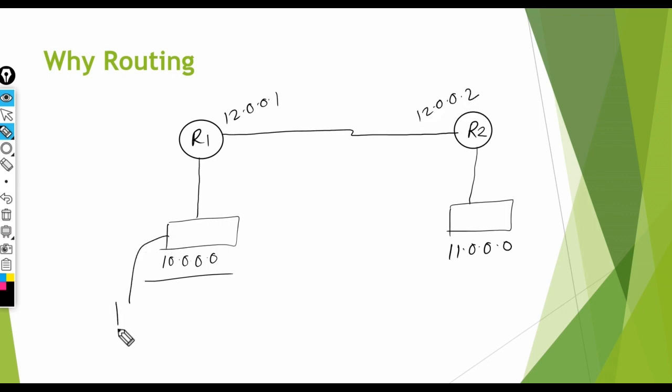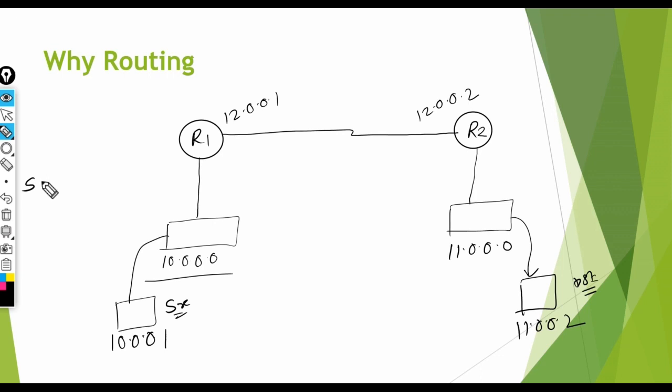Now if you have a PC here with the IP address 10.0.0.1, and a PC with 11.0.0.2, and you need to communicate from this source to this destination, in this case you need routing.